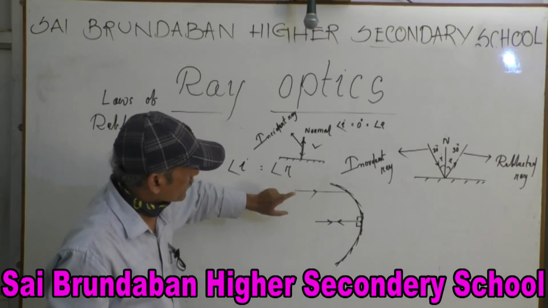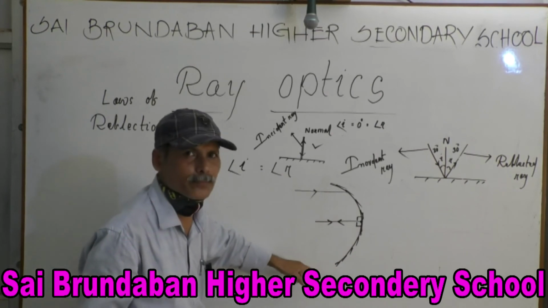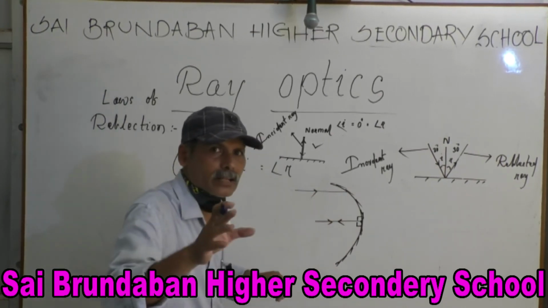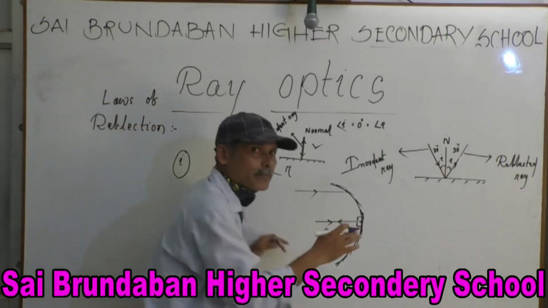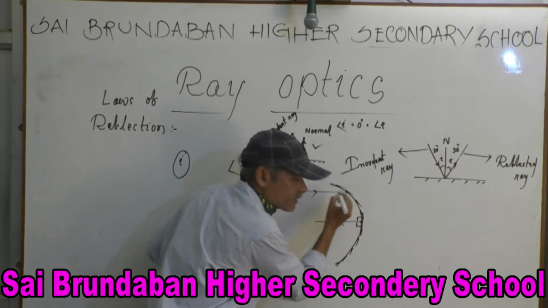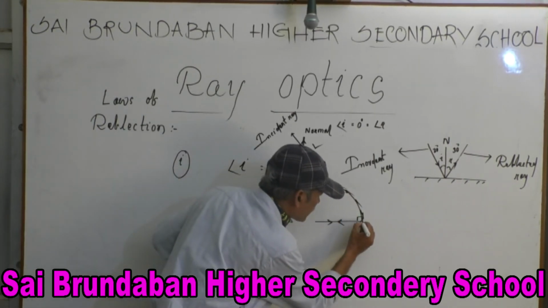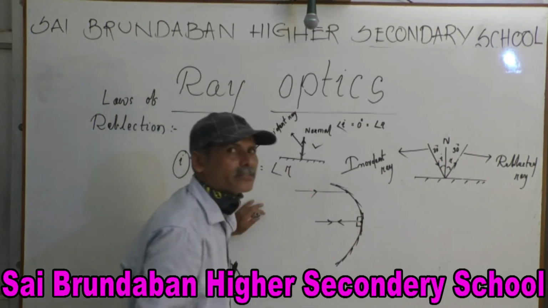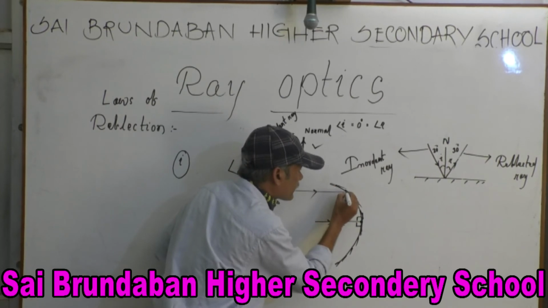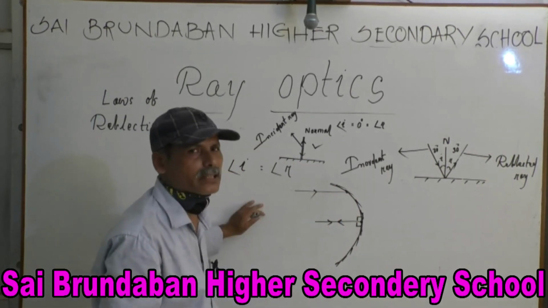Here, an incident ray falls on the surface at this particular point. I mean to say, this is the point of incidence. In that case, it was the point of incidence. Here, it is the point of incidence.